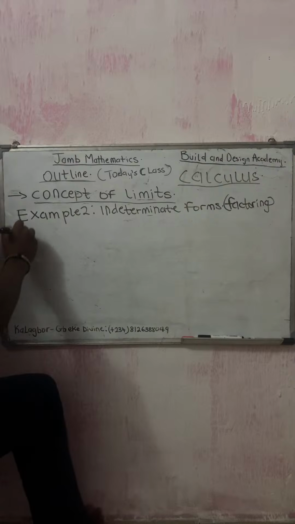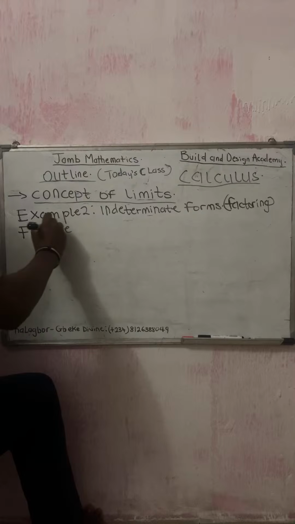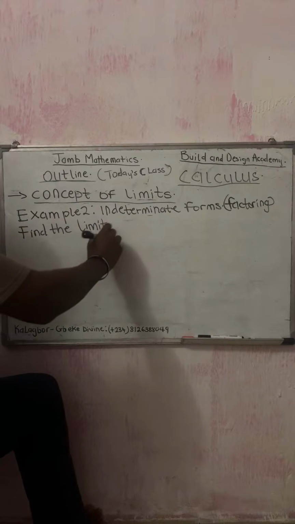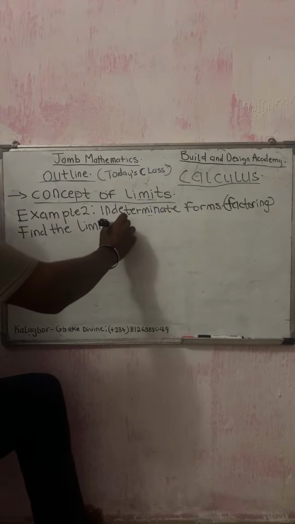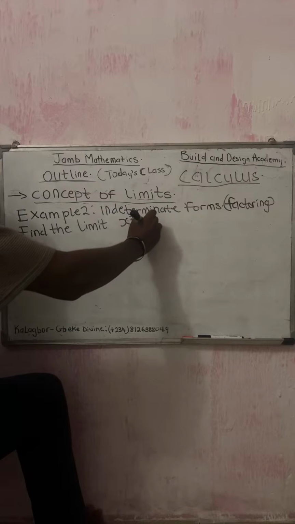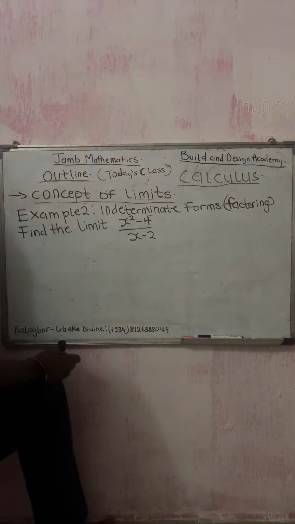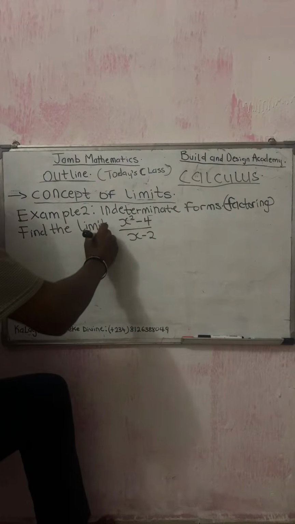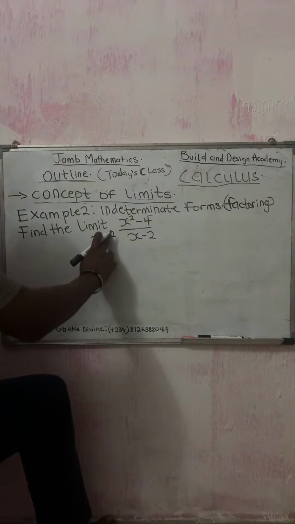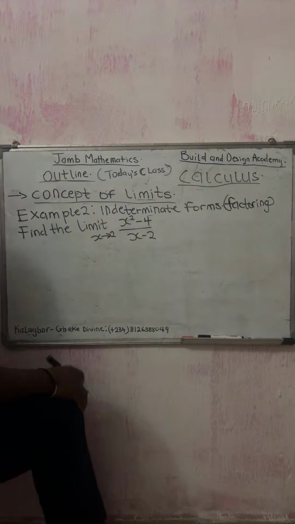Now the problem says we should find the limit of x squared minus 4 all over x minus 2, as x is approaching 2. As x approaches 2. Now our solution.